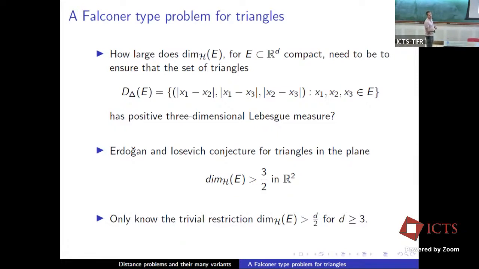What you might expect is that the threshold should be higher, but I can't say, because I can't count triangles. So in higher dimensions, at least I know I can't dip below that. This is one of the urgent reasons why I would like to be able to count triangles better. Okay, so that sets the stage a little bit. Now you know at least what to expect in the plane, and I have some ideas of what could at least not happen in higher dimensions. What about positive results?